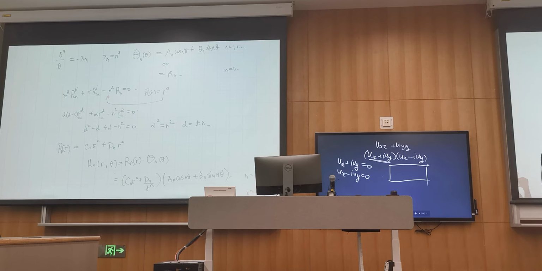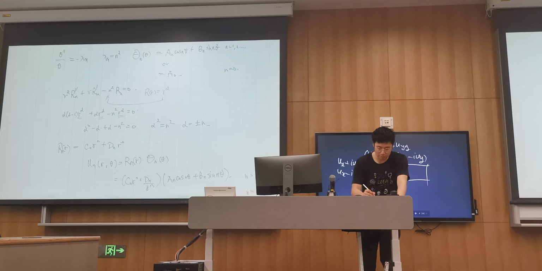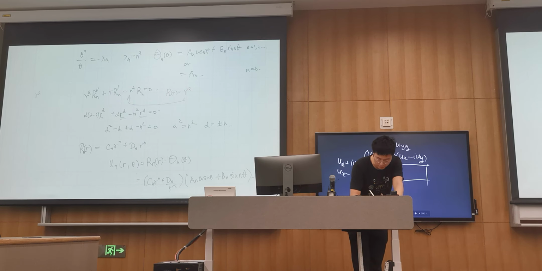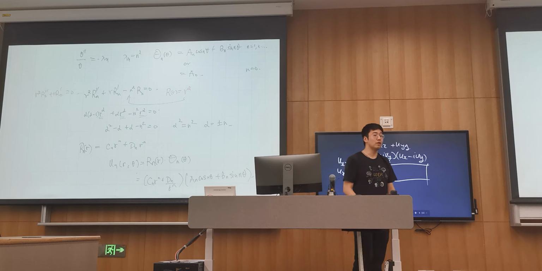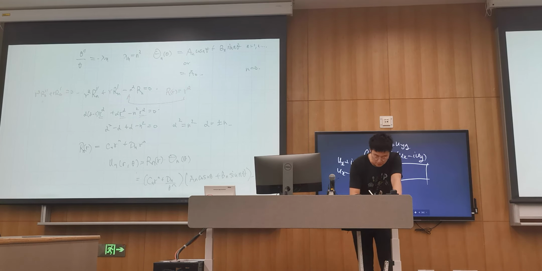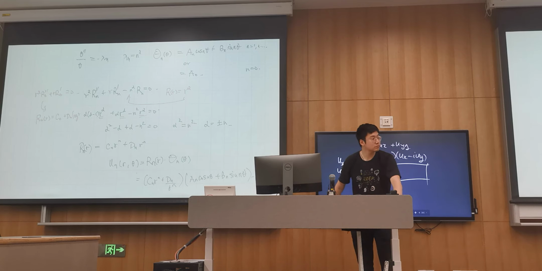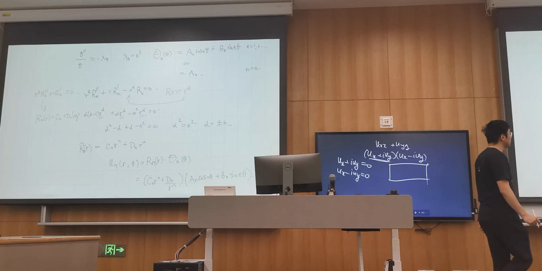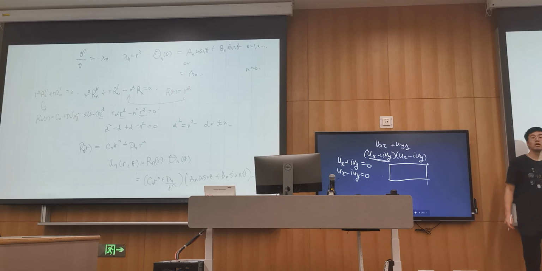When n equals 0, we'll be facing an ODE, which is r squared R0 prime prime plus r R0 prime equals 0. And we have already solved this equation in one of our previous lectures, which means that my R0 r is going to be something like c0 plus d0 log r. See, here is where log comes from.